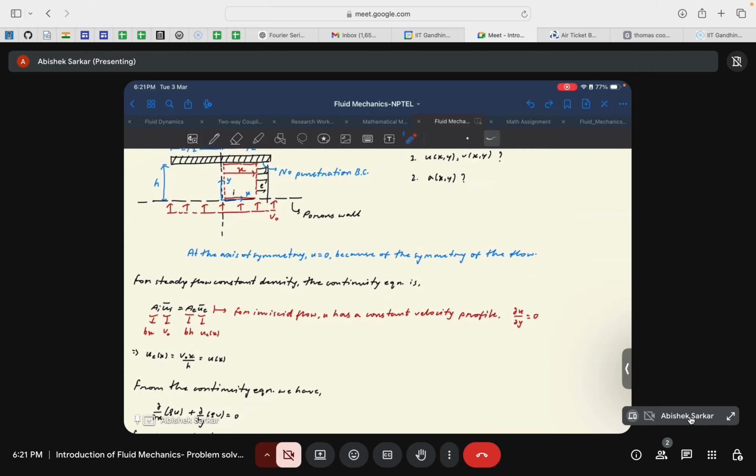Because if density is constant, it gives us an explicit relation between the velocity components.